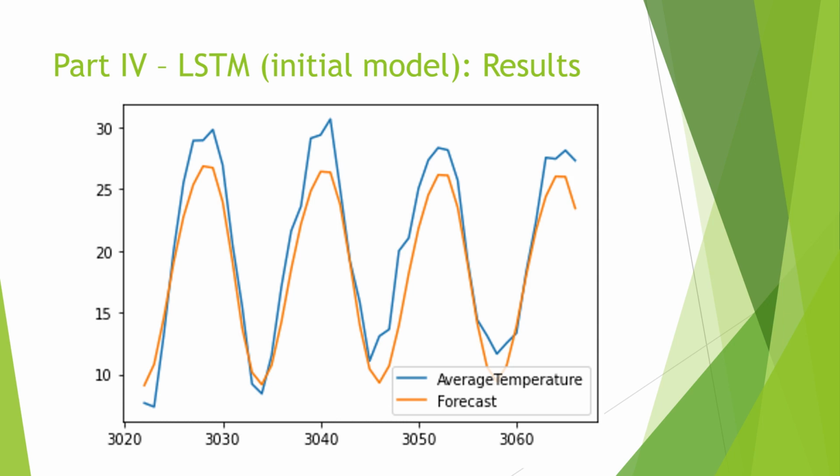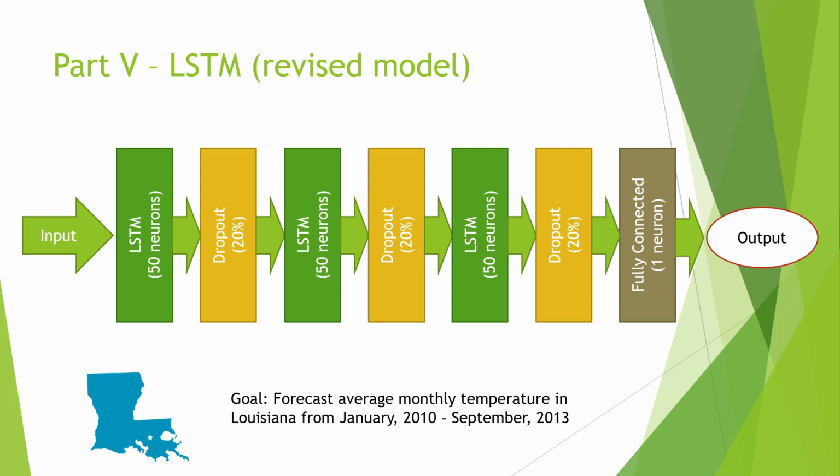Next, we're going to see if we can improve upon what this initial model has done. For the final part of the project, I changed some of the parameters of the initial LSTM model to try and get better performance when forecasting the average monthly temperature for Louisiana.